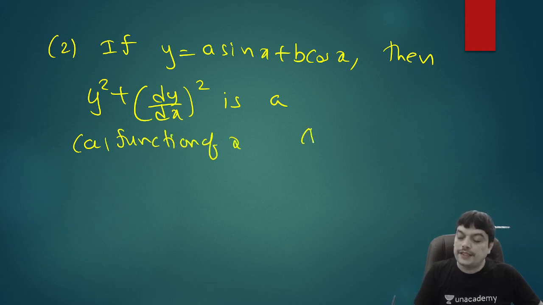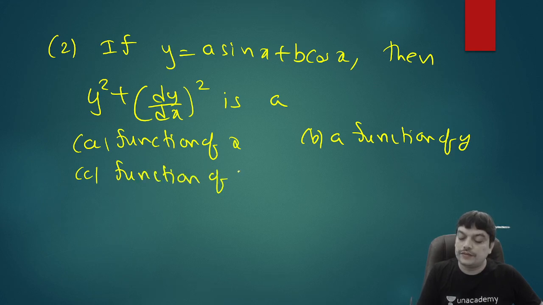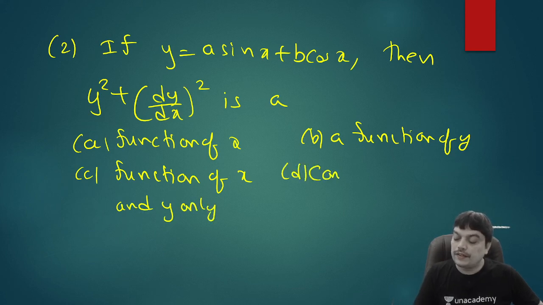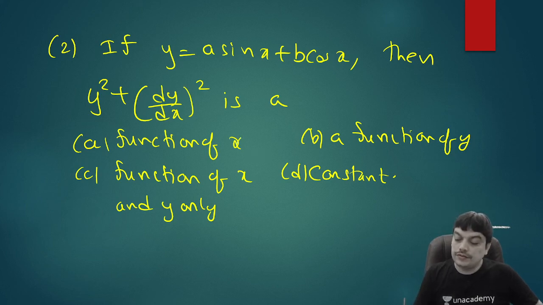The second option is it's a function of y. Then the third option says function of x and y only. And the last option, it's a constant. So everyone can attempt the problem before you see the solution.